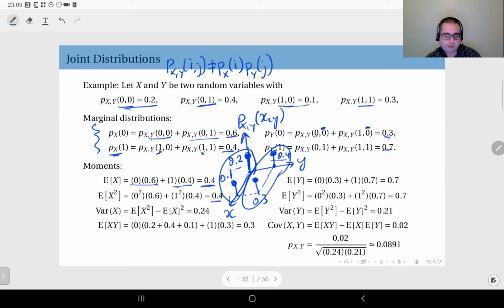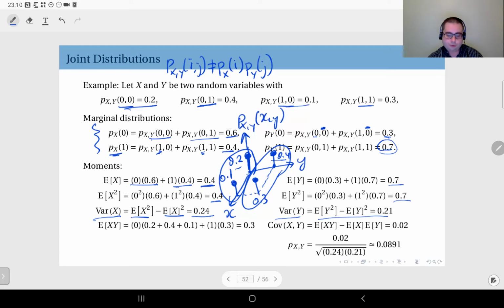From this, I can compute the variance as the second moment minus the square of the first moment, which makes 0.24. Similarly, y is also a Bernoulli random variable with parameter 0.7. So its mean value is 0.7, and its second moment is 0.7. Using these two, I can compute the variance as 0.21.